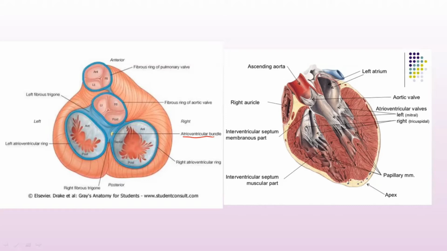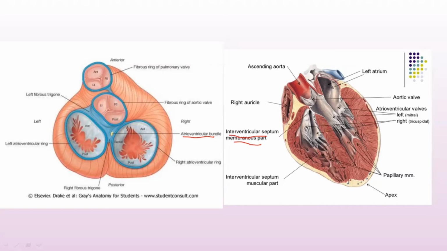Second, we are saying that it is present in the membranous part of the interventricular septum. We have already studied that the interventricular septum has two parts. Look at this picture. This is the interventricular septum, membranous part, and this is the muscular part.